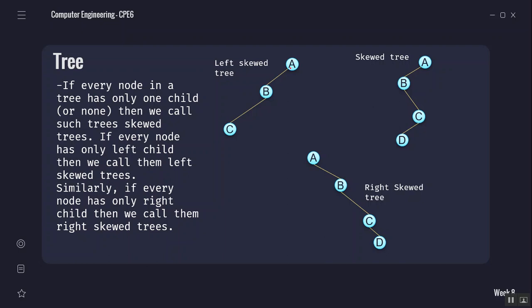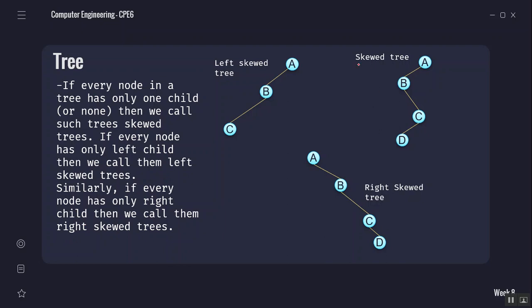For example, node A has a left child, and then this child also has a left child, so this is a left skewed tree. Similarly, if every node has only a right child, then we call them right skewed trees.